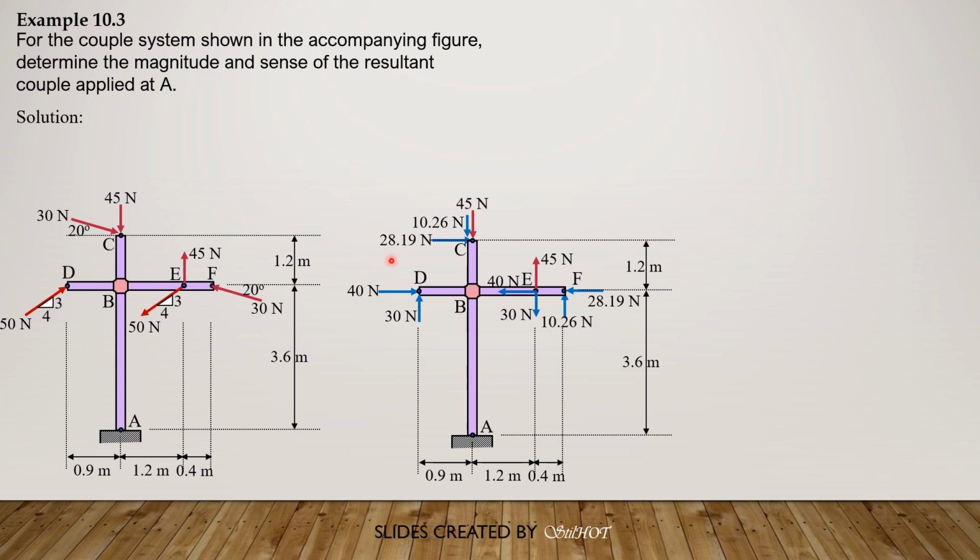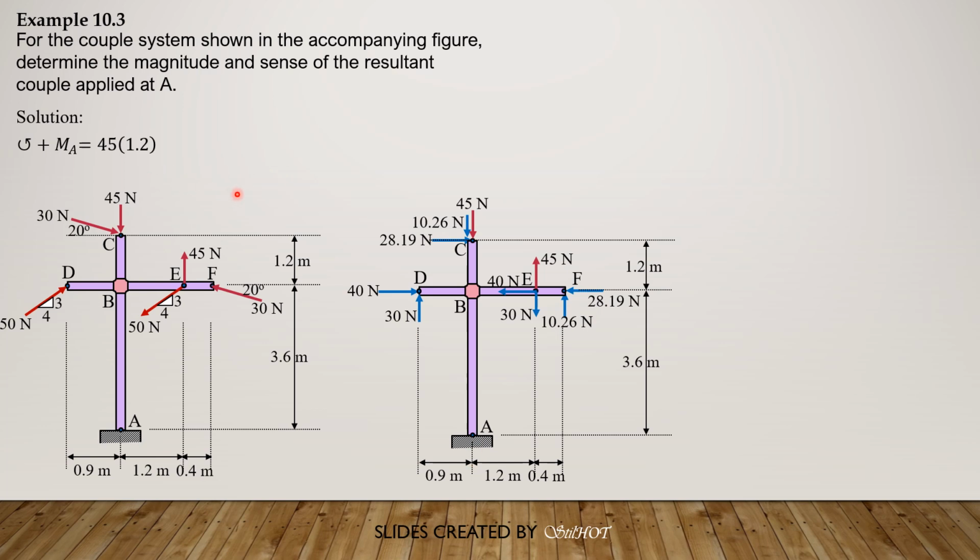Let's begin with this 45 times 1.2 couple. Counterclockwise is positive, so 45 times 1.2. This is point A. Because these are all couples, the moment center can be anywhere. It may be at B, C, or it is independent.